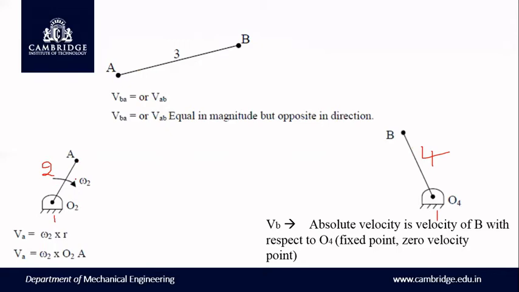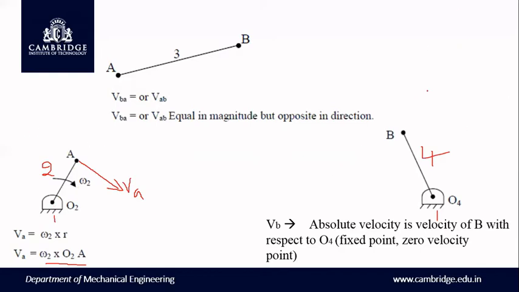Since we have angular velocity in a clockwise direction, the angular velocity vector will go in this direction. So this is VA with respect to the fixed point, hence VA is the absolute velocity. We can find it using the formula VA equals omega 2 into O2A, that is, angular velocity multiplied by the length of the link.